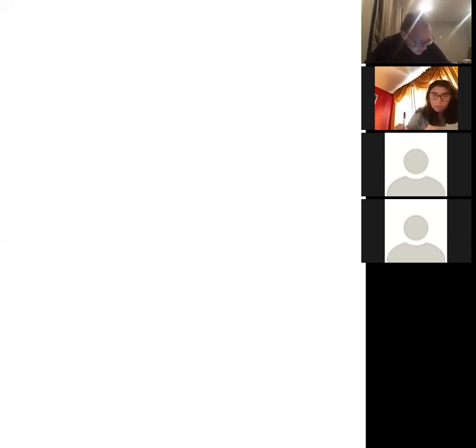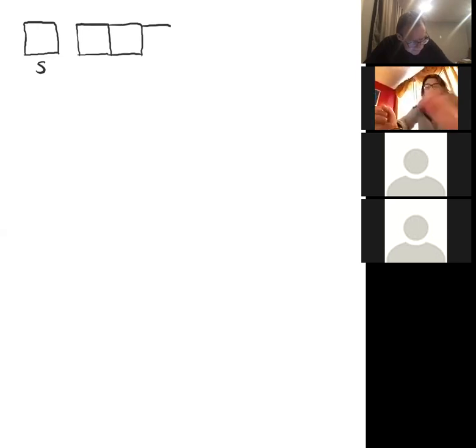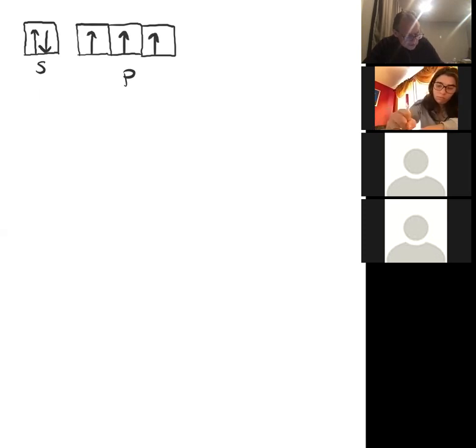And here's our explanation. If you remember the box diagrams we talked about last week for the S and the P, the S has 1 orbital, so that's a maximum of 2 electrons. And then the P has 3 orbitals, so that's a maximum of 6 electrons. Look what happens when you add those up. You have 2 electrons plus 6.